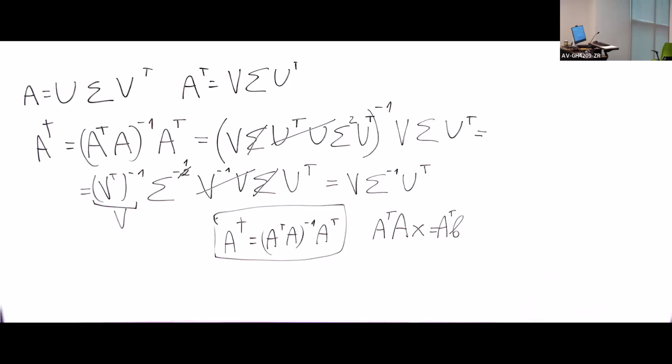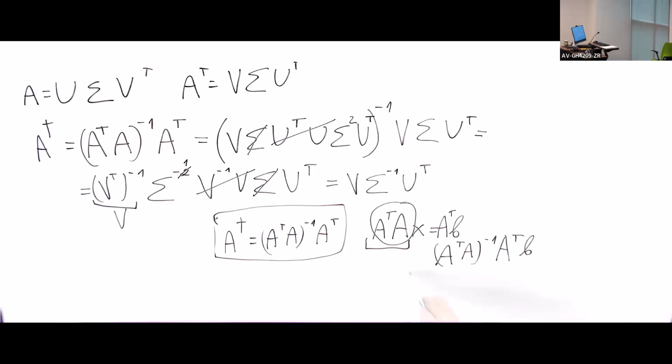Now, how do you solve that system of matrix equations? You want to get rid of that part. How you get rid of that part? You multiply it by the inverse of that thing, both sides. And then you get that formula. So if you multiply it, this thing will cancel. On that side, you will have A transpose A inverse, A transpose and B. That's it.